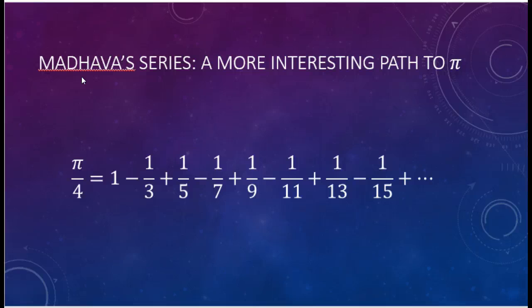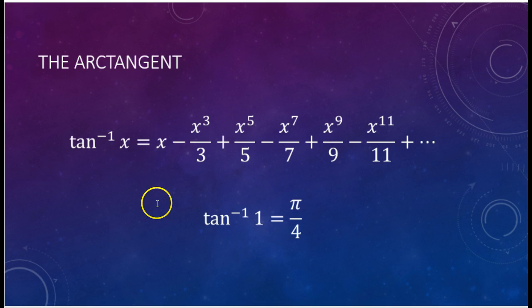The ancient Greeks had tables related to the arctangent, but they didn't have this infinite series. Madhava had this arctangent series, and also the sine and cosine series that we'll see in a little bit too.